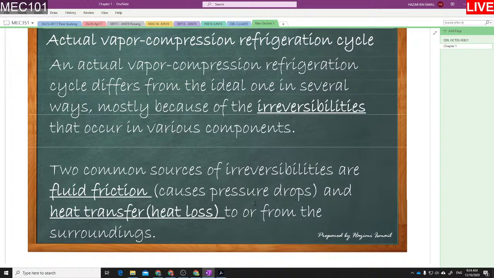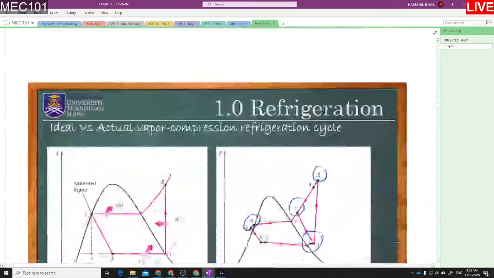Sepatutnya dia hanya keluarkan heat dia melalui heat exchanger, melalui condenser saja, tapi ada berlaku dekat sepanjang pipe. Sebab tu lah kita consider dia heat loss. Okay, kalau awak nak betul-betul kira untuk real life, kita kena consider semua ni.